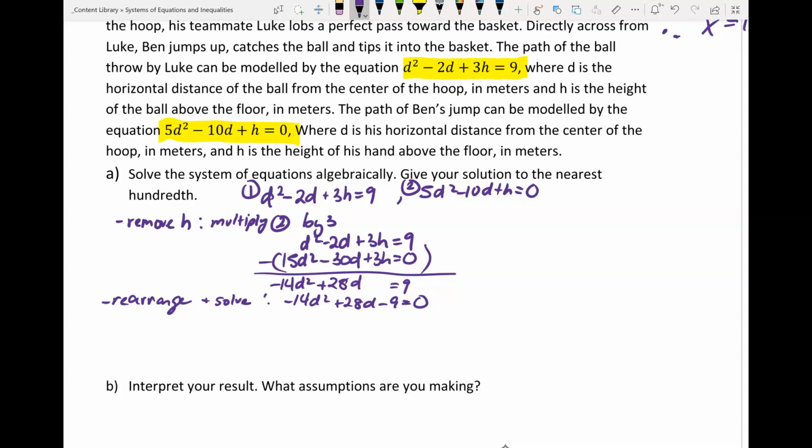And this is a quadratic equation. We are going to use our quadratic formula to solve for it. So d is then equal to negative 28, which is our b, plus or minus the root of 28 squared minus 4a, which is negative 14, and c, which is negative 9, all divided by 2 times a, which is negative 14.